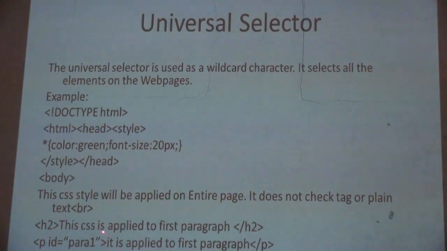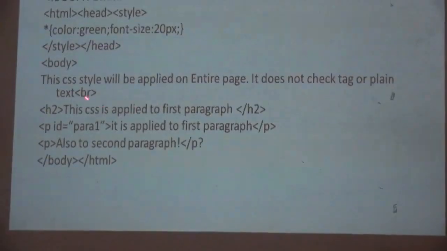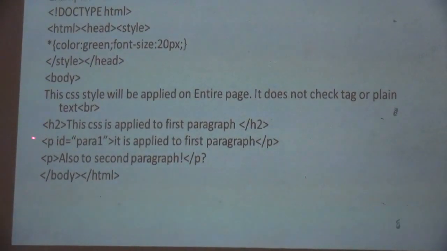This CSS is applied to the first paragraph. So this heading 2 is applied to the first paragraph, and in this paragraph with ID para 1 it is applied to the first paragraph. Again the paragraph tag is closed, and there is a second paragraph also.